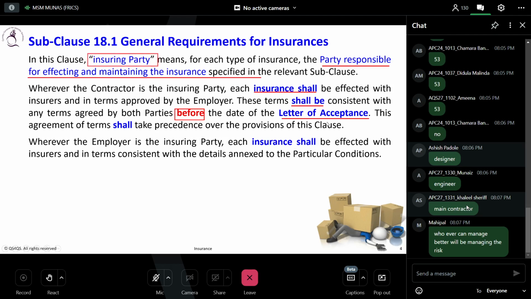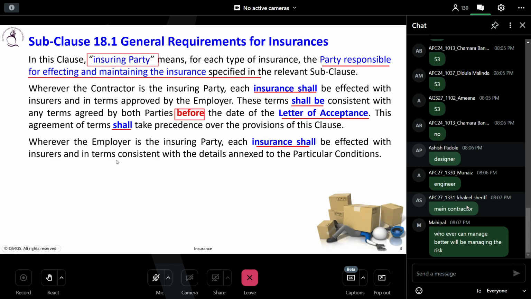That means before you sign the contract, before you send the letter of acceptance, you should agree the terms and conditions. Okay. These agreed terms shall take precedence over the provisions of this clause.